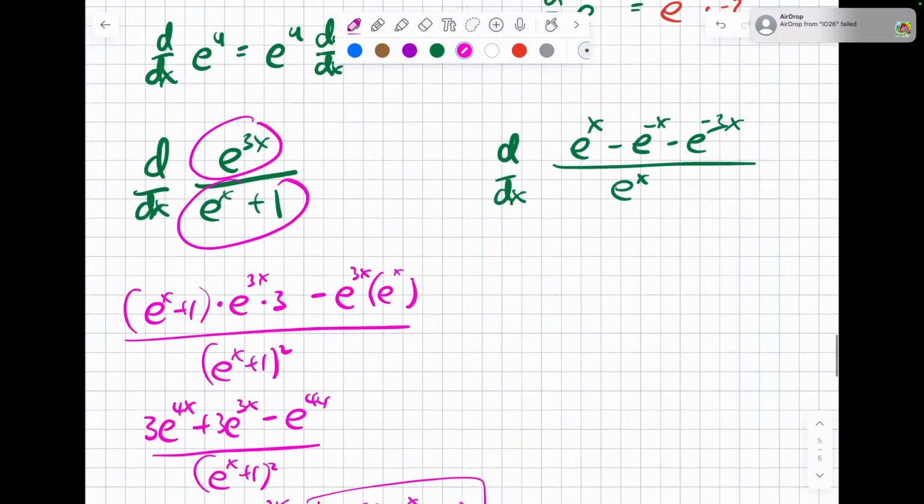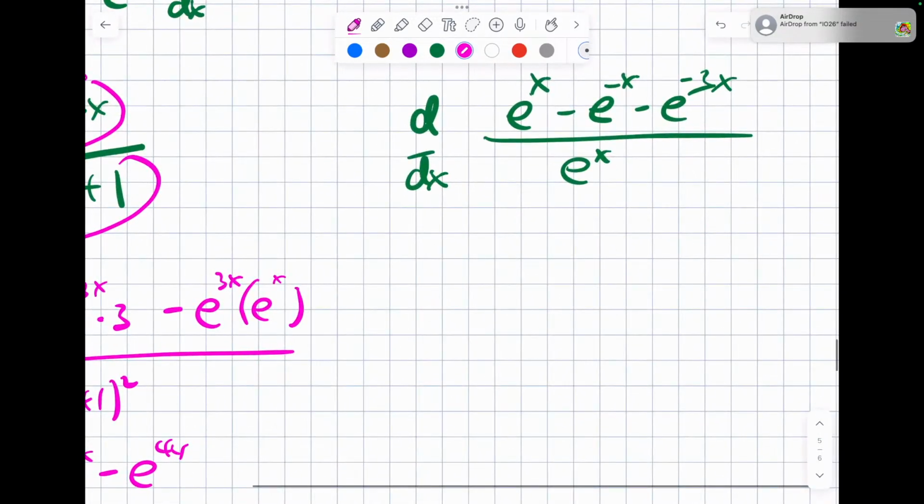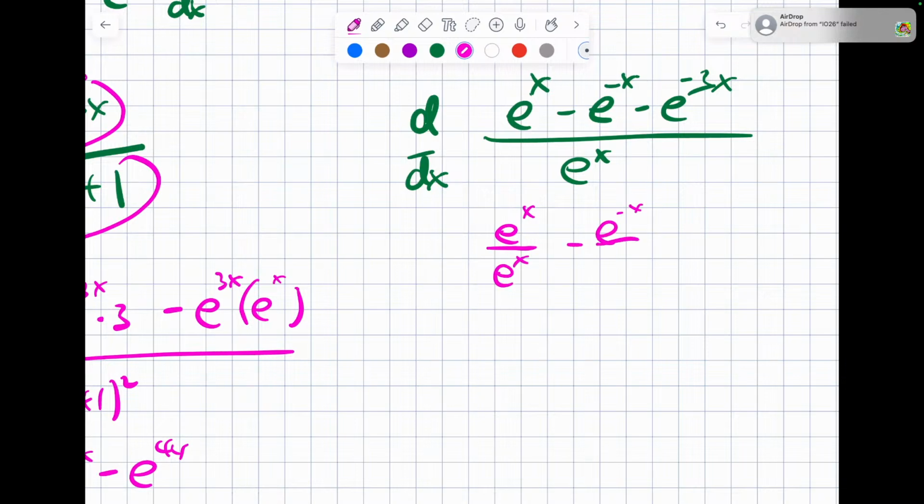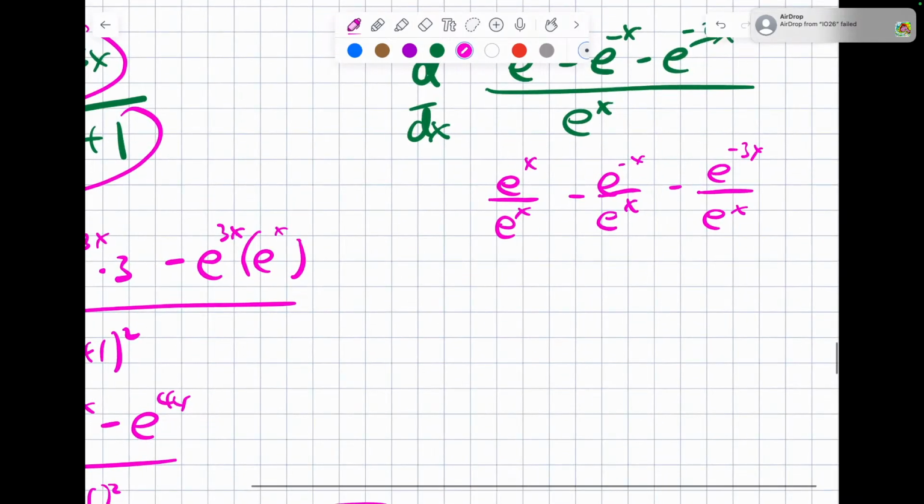Okay, so for this one, you do not need to take derivative at this moment. You should split them into each individual term. And you did that, right? You do not need to do quotient rule. So this is 1 minus e to the negative 2x minus e to the negative 4x.